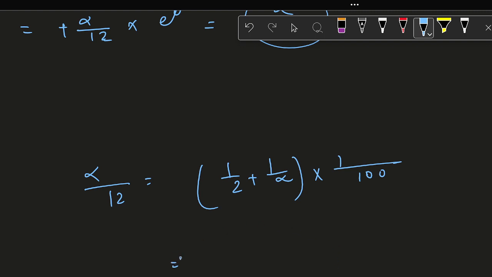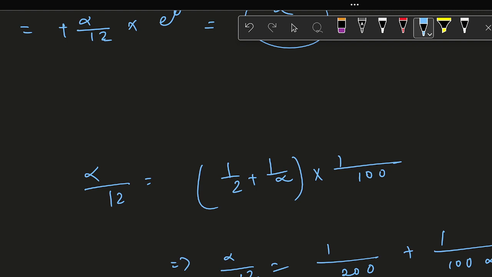So this is alpha by 12 equal to 1 by 200 plus 1 by 100 times alpha. You can just solve it, take alpha to one side: alpha by 12 minus 1 by 100 alpha equal to 1 by 200.